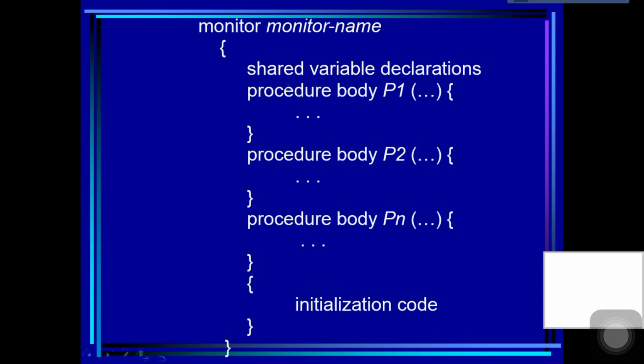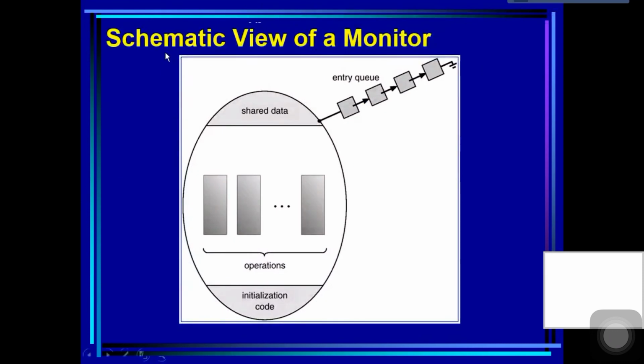So we can see here a schematic view of a monitor. A monitor is like a box. Within this box there are shared data and various operations that operate on the shared data. Also, there is initialization code for the shared data.